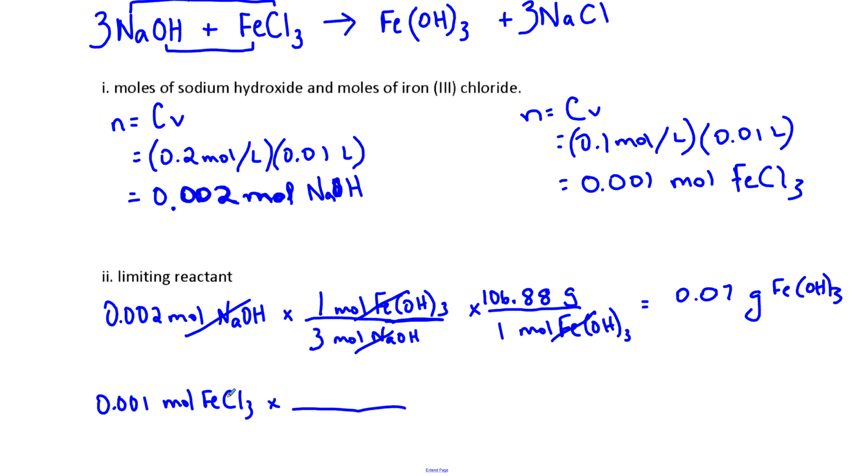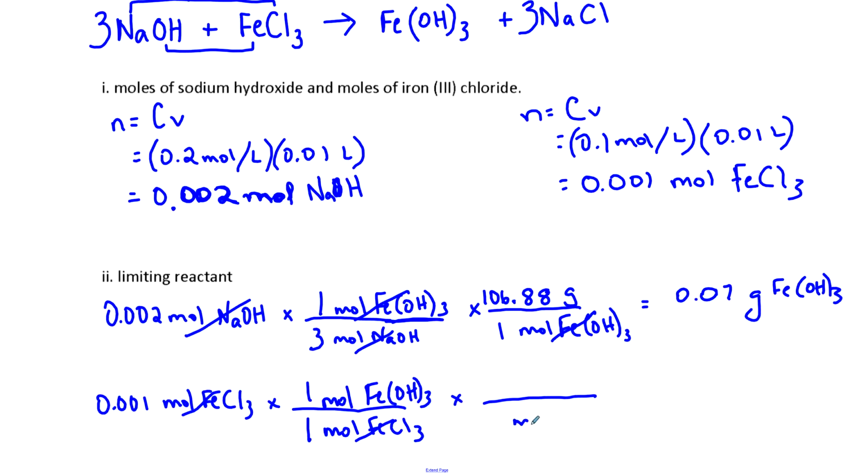So I want to go from moles of iron 3 chloride to moles of iron 3 hydroxide. Okay, I already checked to see that there was no coefficient here. There's also no coefficient there. So this mole ratio step will actually do nothing to change your end result. It's just more of a record keeping step that we're switching over from iron 3 chloride to iron 3 hydroxide.